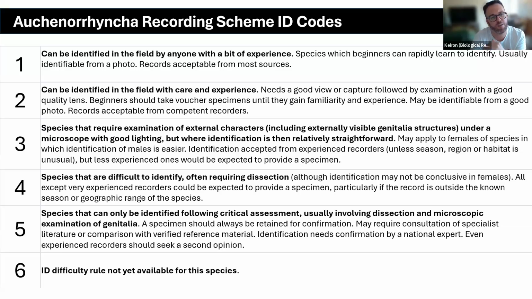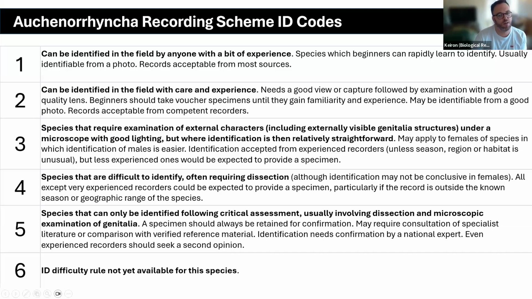But the identification is relatively straightforward if you do that. 4, same again, but the characters are not as easy to determine, and you might even need to dissect. And then going to 5, you are going to need to dissect and look at genitalia. You really need experience to do this. So you should always retain your specimen, because the verifier is probably going to need to check it themselves.